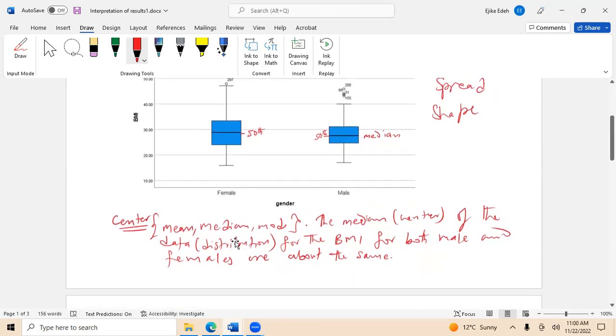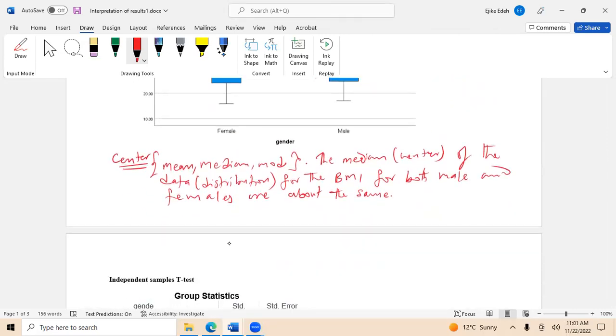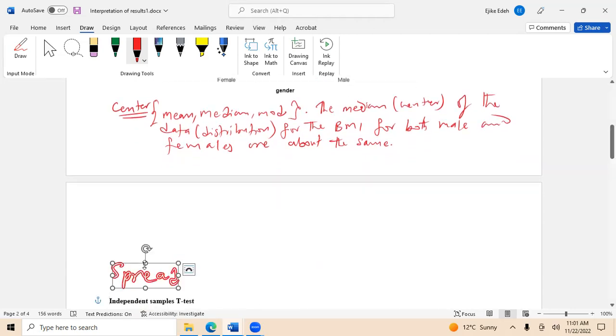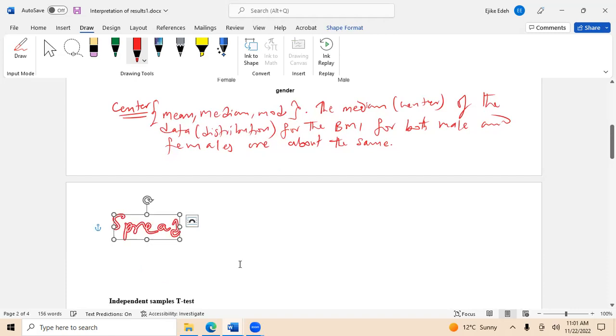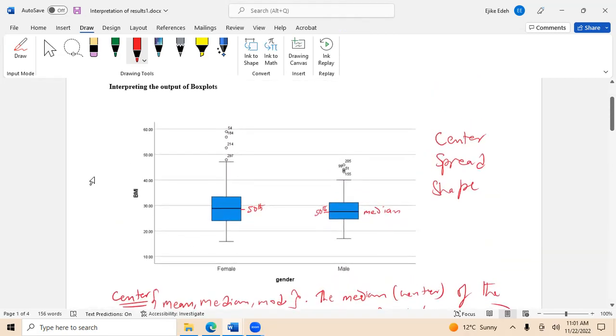So we go to the second one, which is the spread. As you noted in class, the spread for the female is obviously wider, right? And what do we use for the spread? For the spread, we normally focus on how scattered the data are. So if we look over here, we could use the outliers. If we're going to draw a histogram on top of this, it will look something like this.